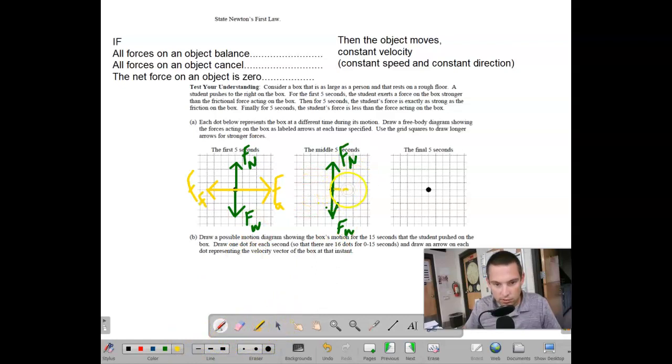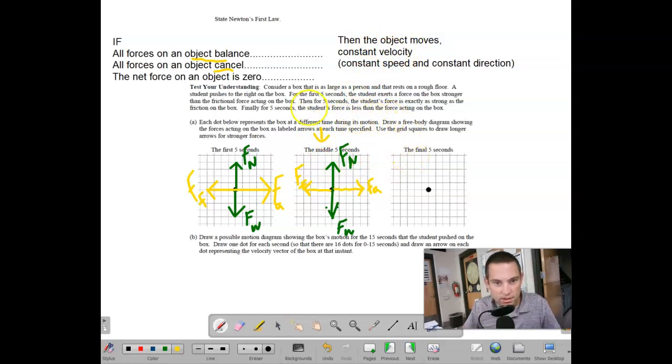Now we're going the same length with our applied force as friction. Ooh, so that means we're canceled out in the vertical and we're canceled out horizontally. That must mean, according to Newton's first law, all forces balance or cancel, then the object is moving with a constant speed. So that's what's happening right here, constant velocity.